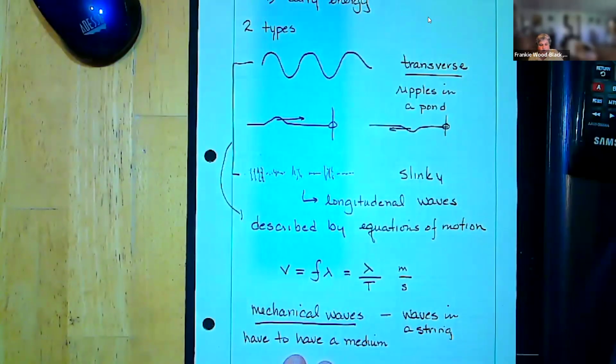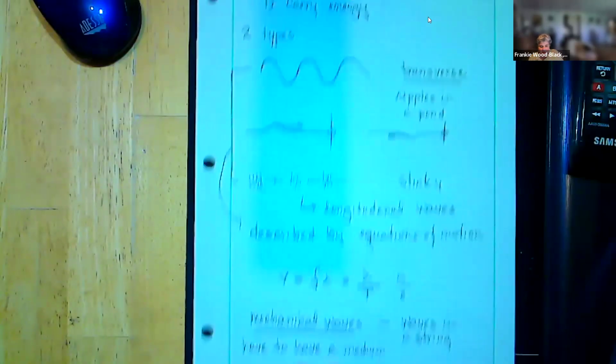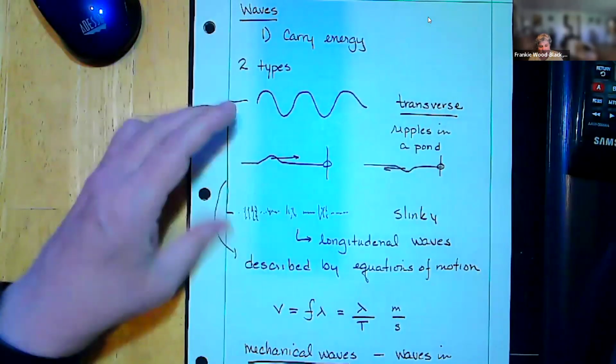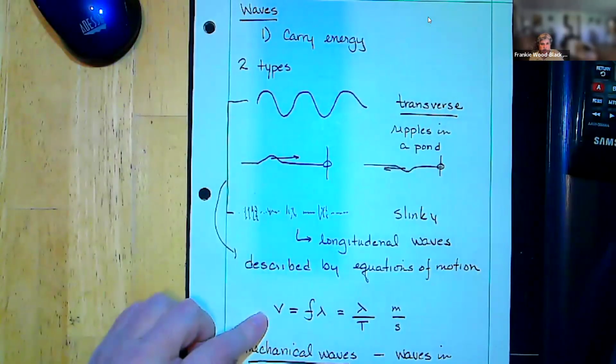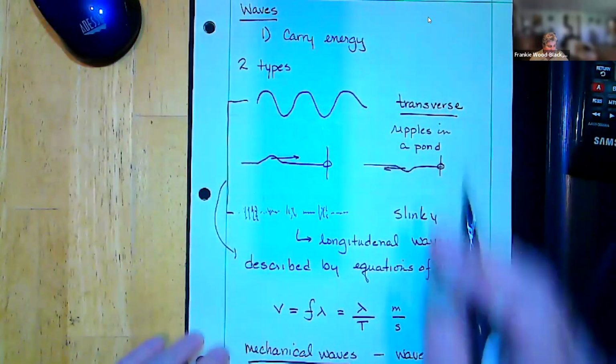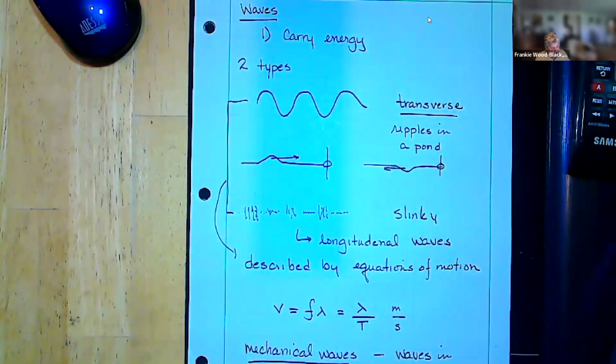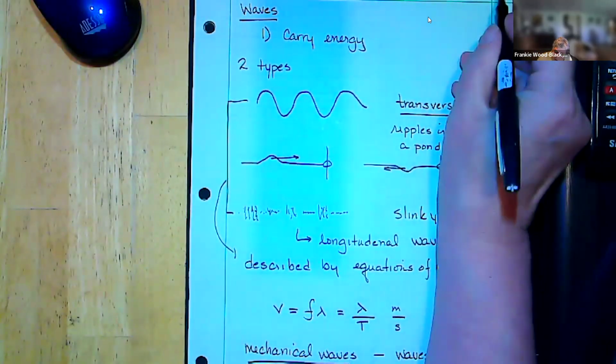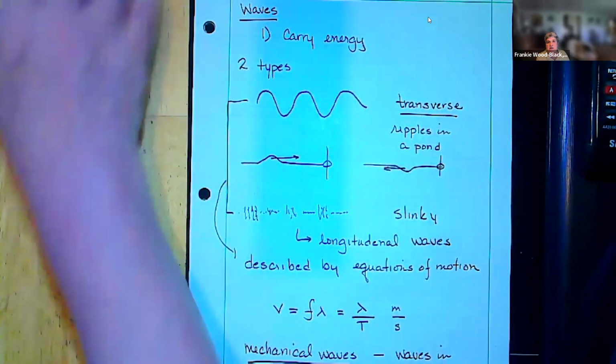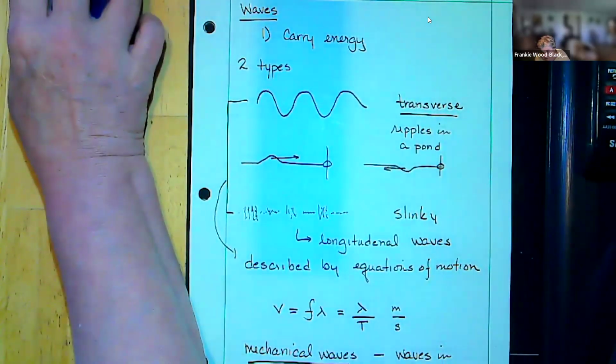They are going to travel through some type of medium. But they are going to carry energy. We have two types, and we can look at the velocity of the wave being frequency times the wavelength. And I am sure brains are now full. So I will open it up for questions.